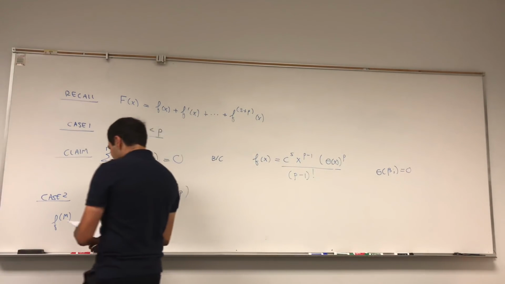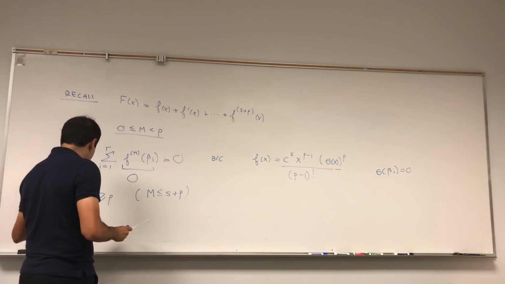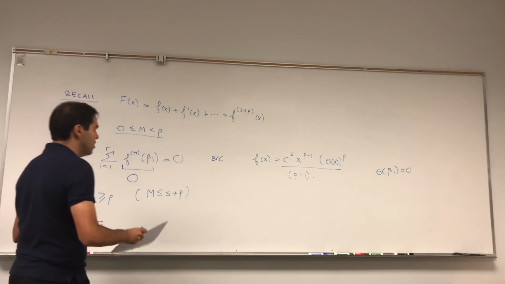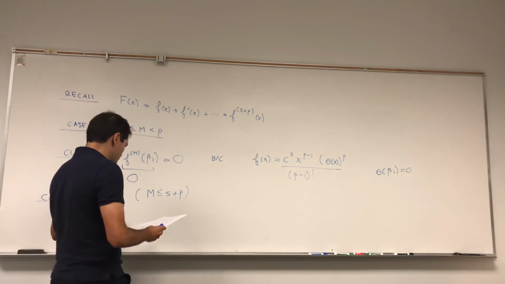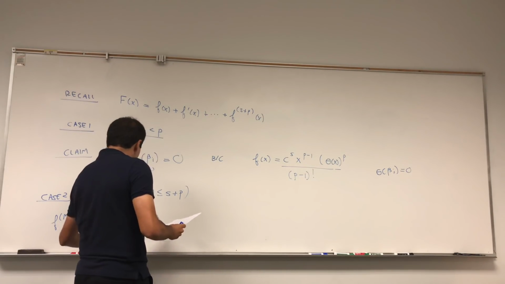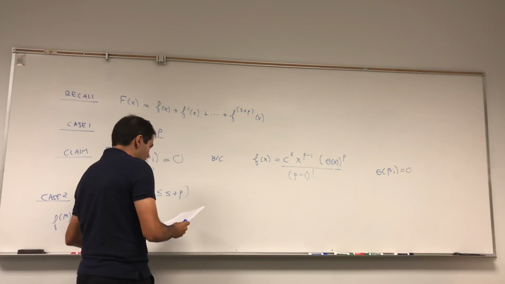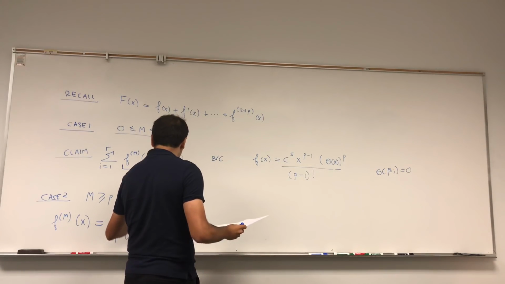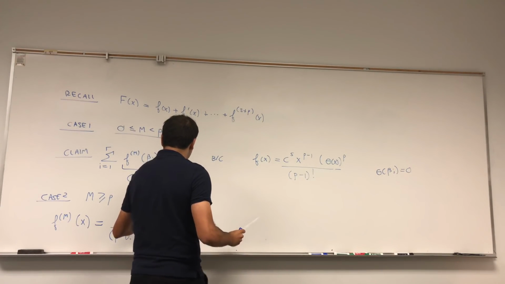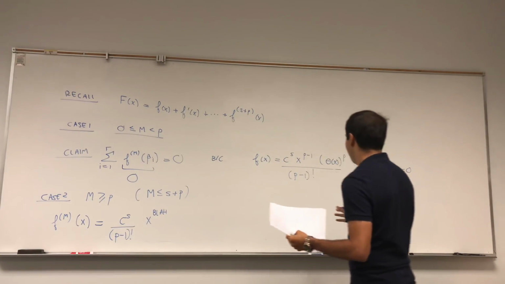Then you're still safe, because you would still have your constant c of s, and then p minus 1 factorial, and then x to the something. So even if you take some derivatives here, it's fine.